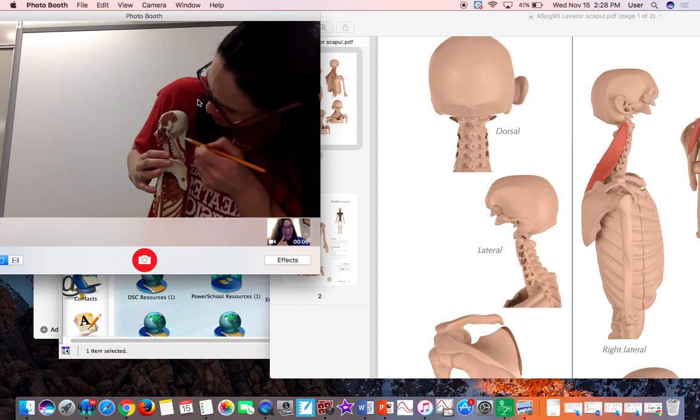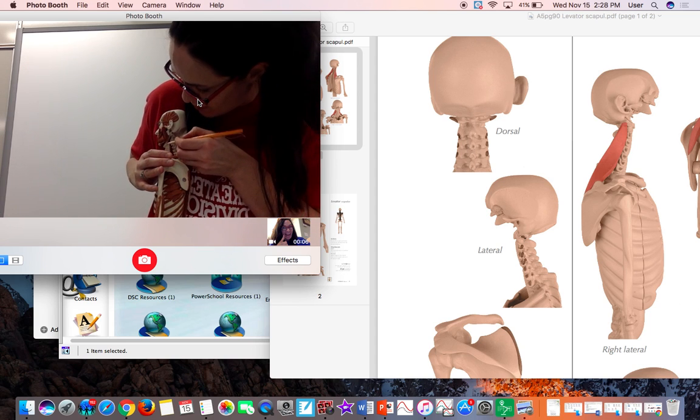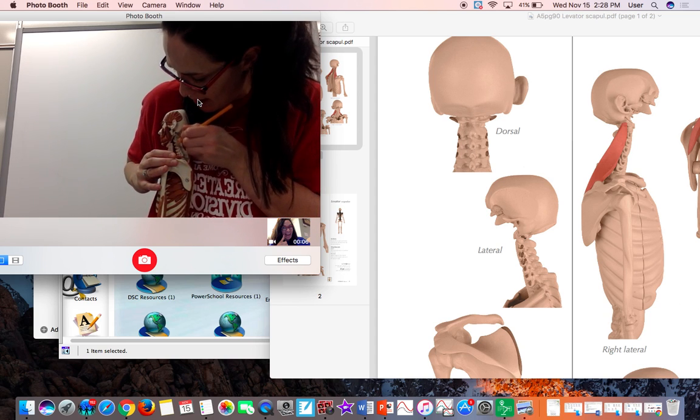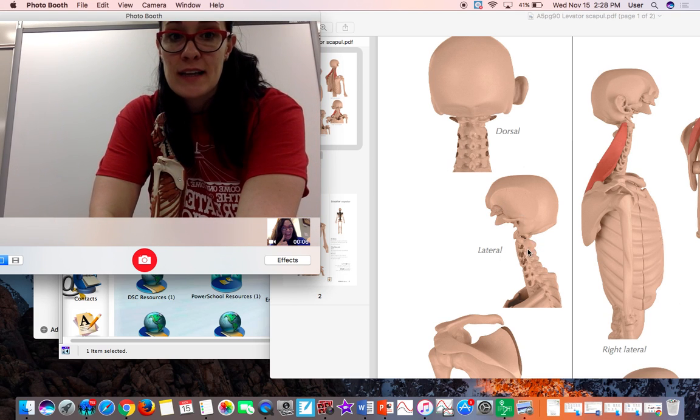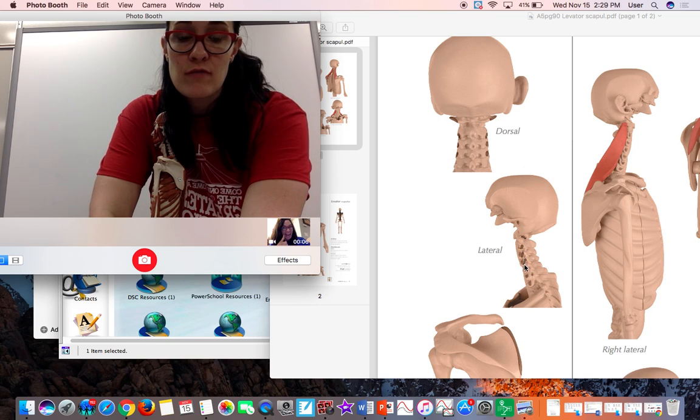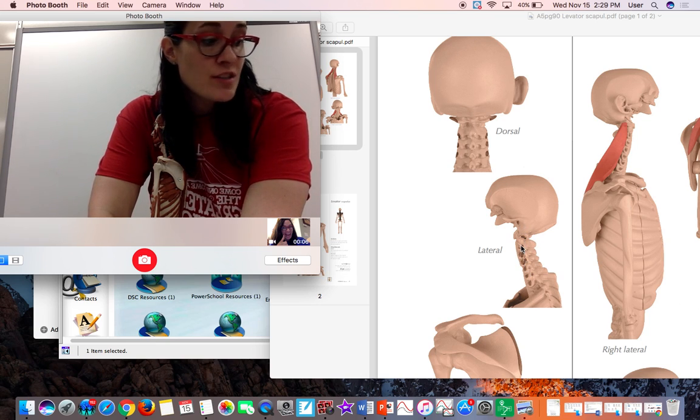So find C1, 2, 3, 4, those top transverse processes. You can see them highlighted here on this lateral view of the skull as well. 1, 2, 3, 4. That's where it originates.